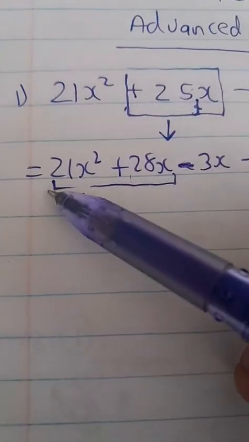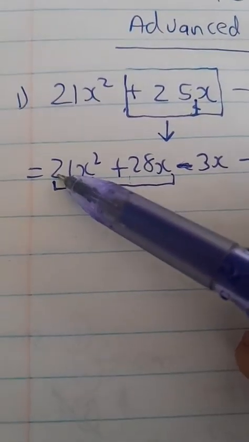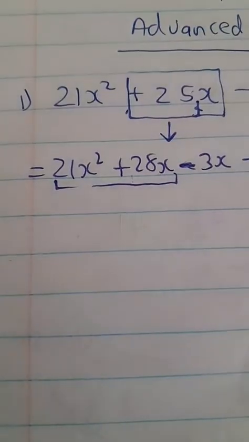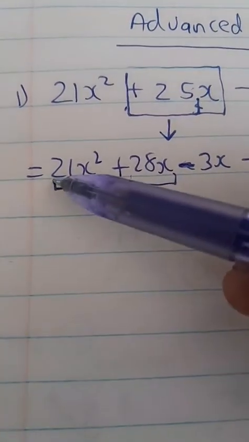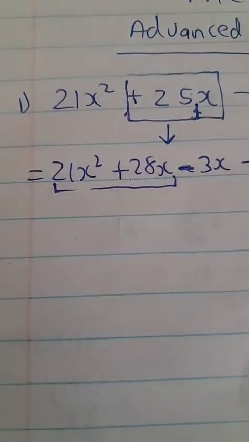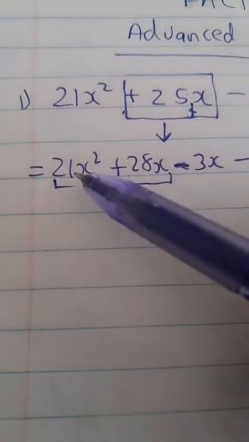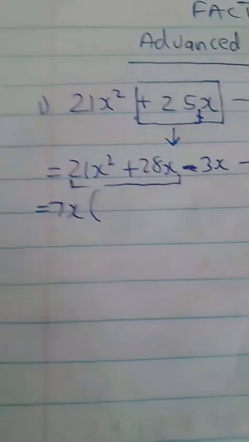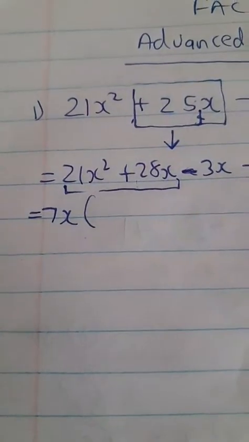The sign is positive. What is the highest common factor between 21 and 28? It's 7. Very good. Between x squared and x, we always choose the common variable that has the lowest exponent. So you guys are 100% spot on. 7x outside. What's left inside, guys?